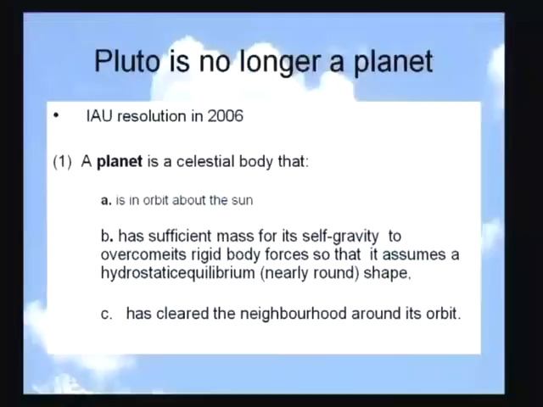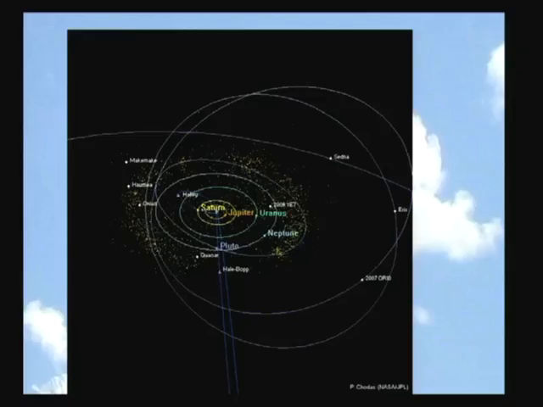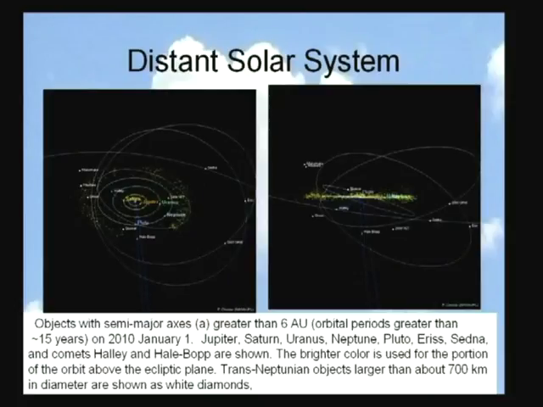The third condition is that the celestial body has cleared the neighborhood around its orbit. So, the orbit of the astronomical object should not be littered with all kinds of asteroids, etc. It should have enough gravitational attraction to have pulled in all the asteroids, etc. that are in the neighborhood of its orbit.